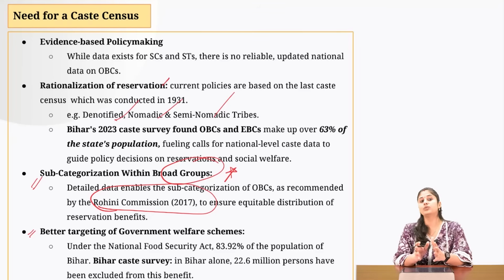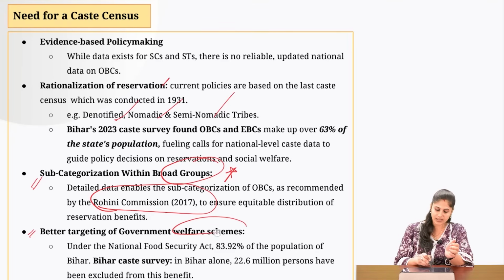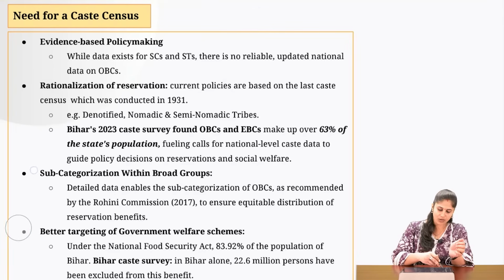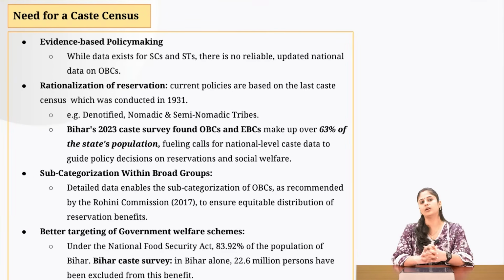Then it would help us do better targeting of the welfare schemes. What do I mean by better targeting? Here I basically talk about the tailor-made approach that we can go with if we have the requisite data at our disposal. For example, I told you that we will be collecting data with respect to socio-economic indicators and health related indicators.